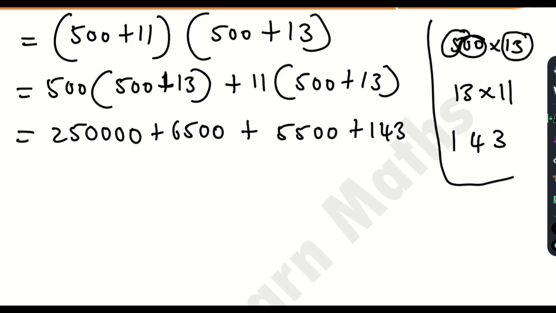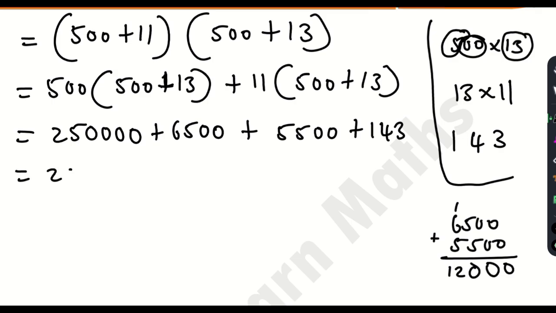Let's go on. I'll start by adding these two numbers first, because they have the same number of digits. So 6500 plus 5500. When you add, you're going to get 0, 0. 5 plus 5 is 10. Write 0, carry 1. 1 plus 6 is 7. 7 plus 5 is 12. So what do we have? 12,000.